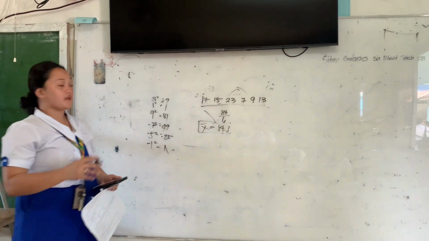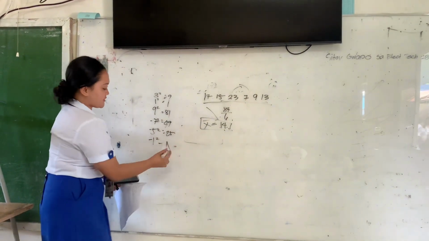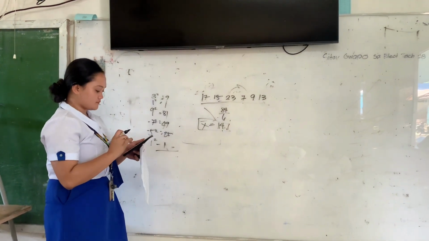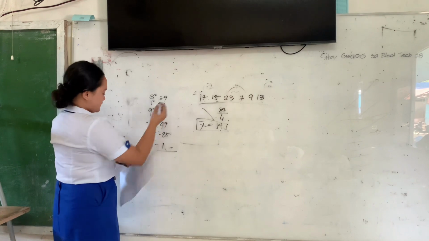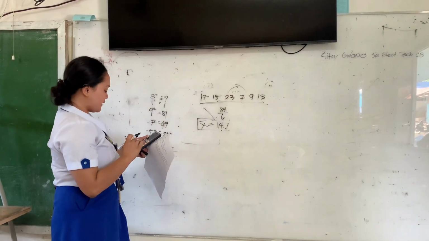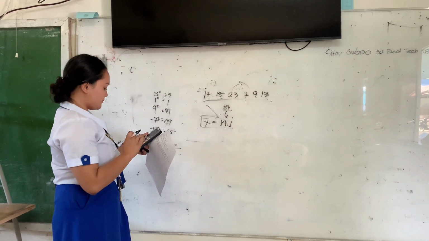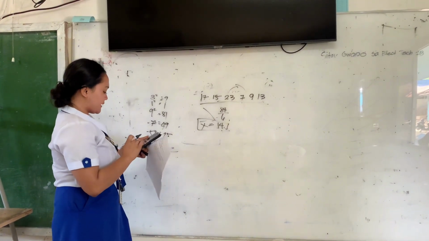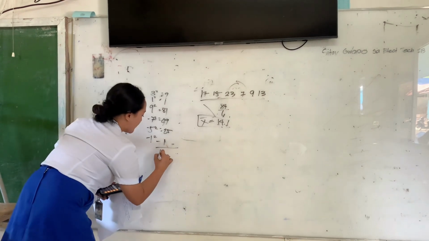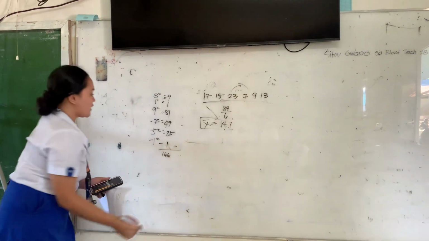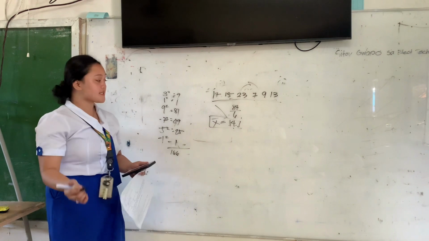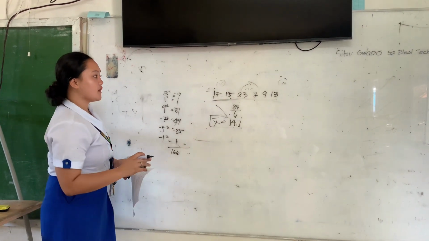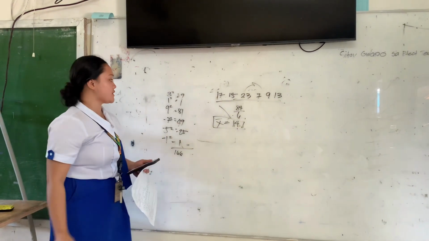The next step is to add all these answers. Nine plus 1 plus 81 plus 49 plus 25 plus 1 is 166. The next step is to divide by the number of samples.